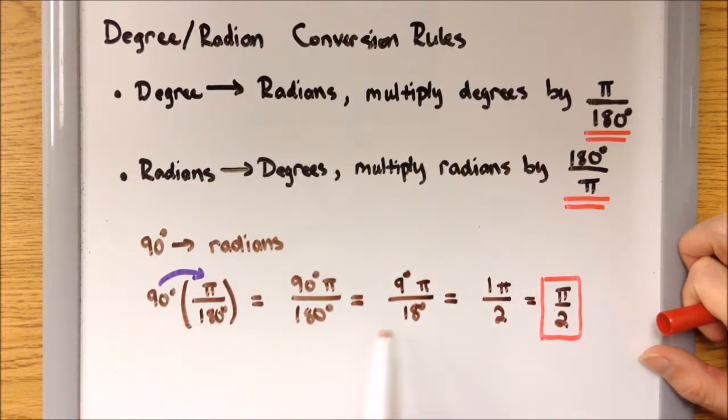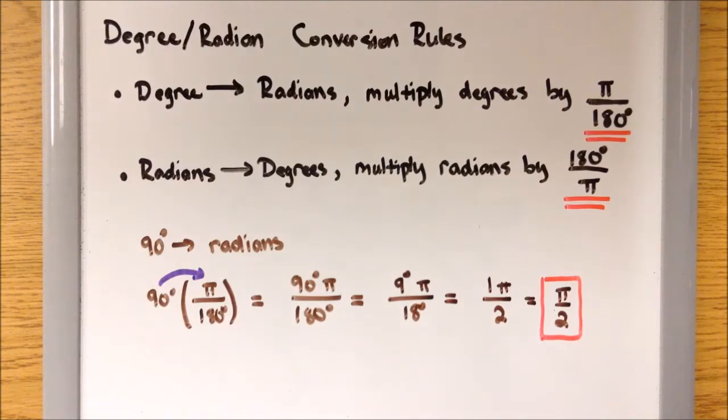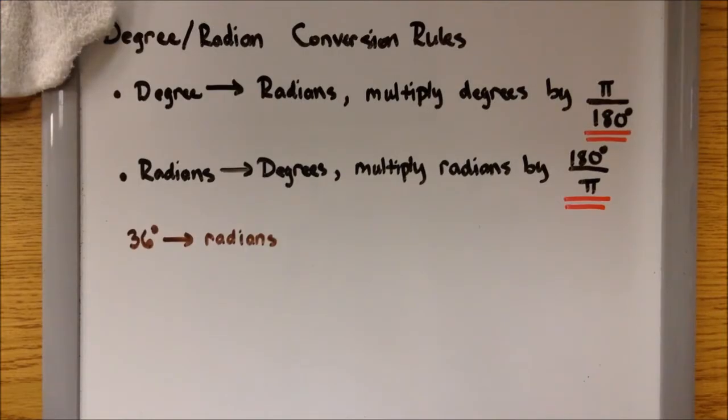Now, you didn't have to do the whole steps, but I was just showing step by step how to go from 90 degrees to pi over 2. Now in our second example, say you're given 36 degrees and asked to change to radians.